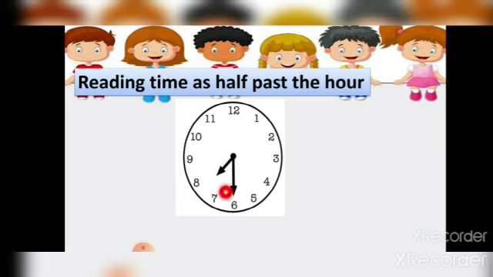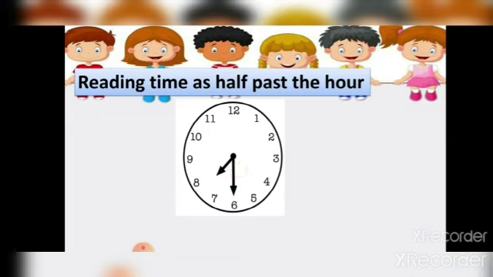Now the short hand, that is the hour hand, is between 7 and 8, right? If you observe carefully, the hour hand is between 7 and 8, and the long hand, that is the minute hand, is on 6.